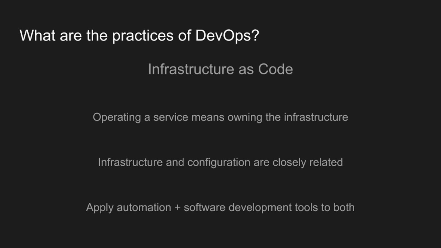I said I'd come back to infrastructure as code. I talked a little bit about this. Operating a service, if you are the operator, means that you own the infrastructure. If you're practicing DevOps, everyone, from the dev and the ops team, is going to own that infrastructure. Thankfully, that doesn't mean, for the most part, that people have to physically build and rack servers anymore.